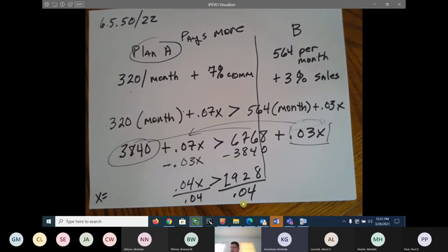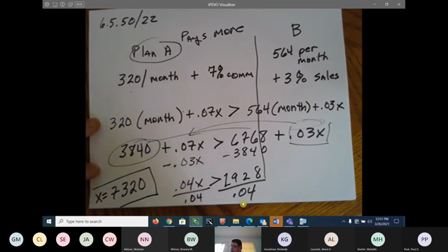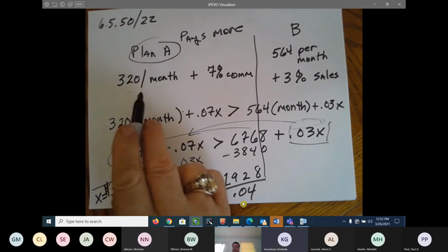What do you get? 73,200. I divided that wrong, I'm sorry. 73,200, there we go. I thought it was a little bit low. So when he starts making more than $73,200 in sales, Plan A will be better than Plan B.